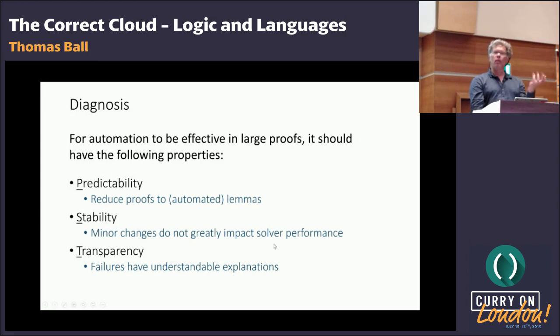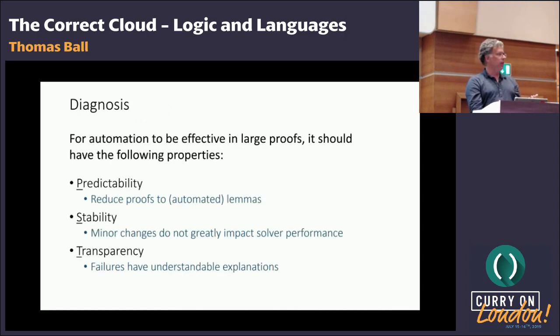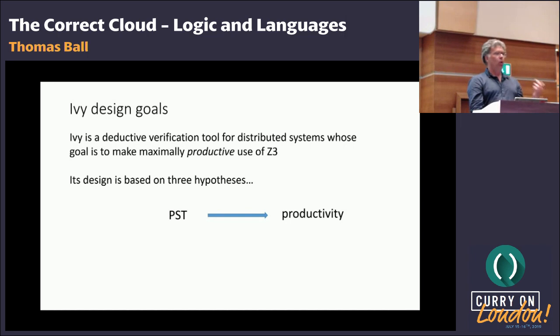And then when the solver does fail, it gives us an explanation, like a type checker does, so that we say, oh yeah, I understand, I'm writing something bad. So the idea of Ivy that Ken has is to make maximal productive use of an SMT solver. The idea is these three properties of predictability, stability, and transparency will bring us productivity. How do we get these three properties? Well, we would get them by restricting ourselves to decidable logics.